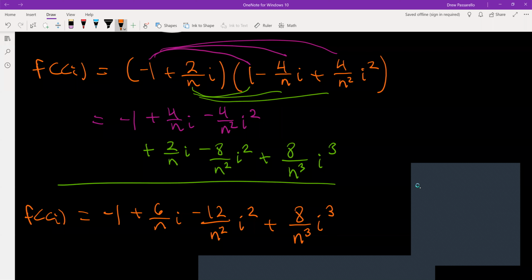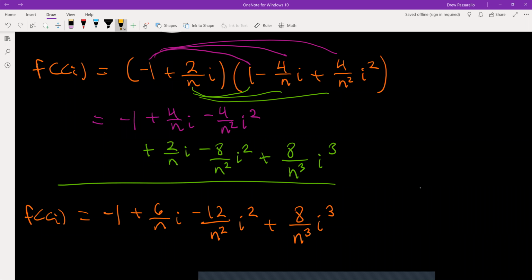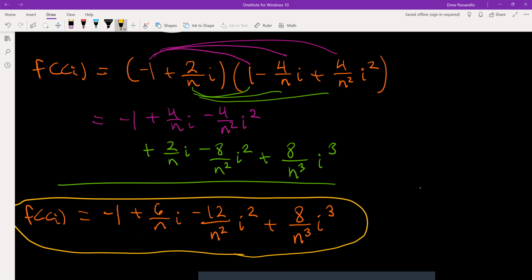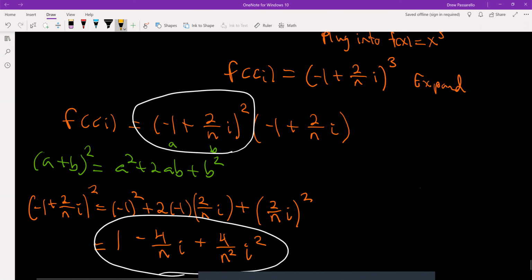All right, so this was just algebra to find f of c_i. Since it was cubed, it was a good bit of algebra. So that's what I'm plugging in. So I have that and then the 2/n.